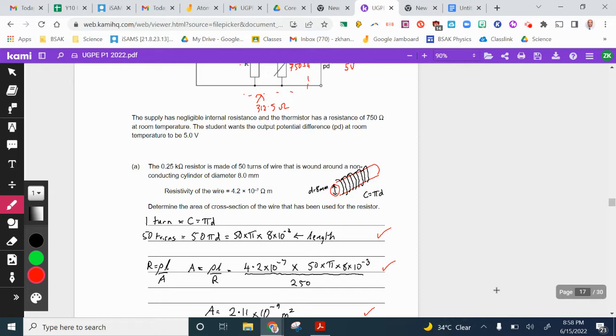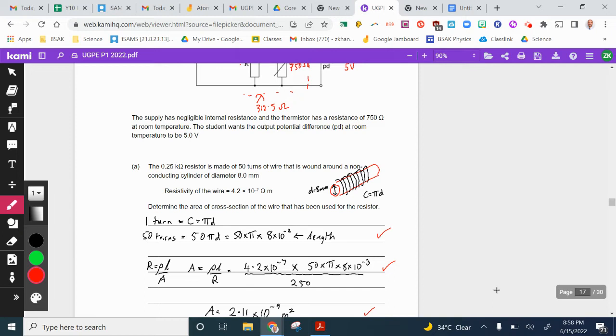So for 50 turns, the length of the wire will be 50 times pi times 8 times 10 to the minus 3. That will give us the length of the wire.